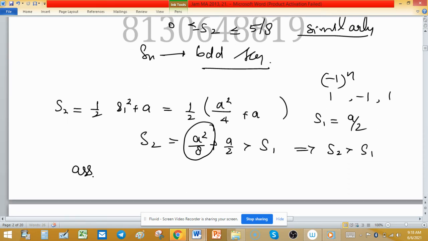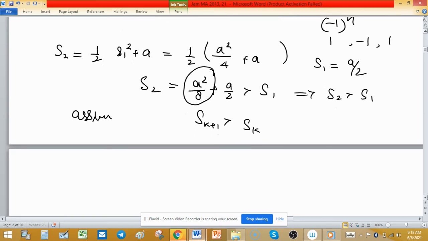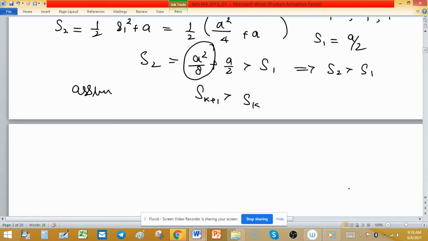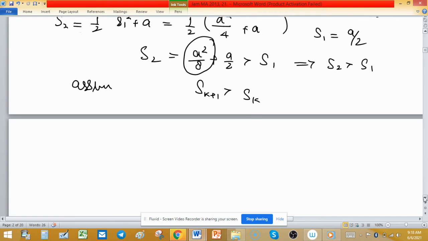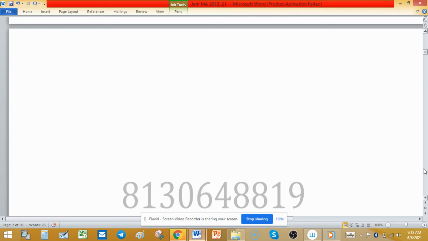Assume that it is true for k, meaning Sk plus 1 is greater than Sk. We are applying mathematical induction here to prove this one. So we will prove it for k plus 1. Sk plus 1 is greater than Sk. Take the square both sides. S square k plus 1 will be greater than Sk square.